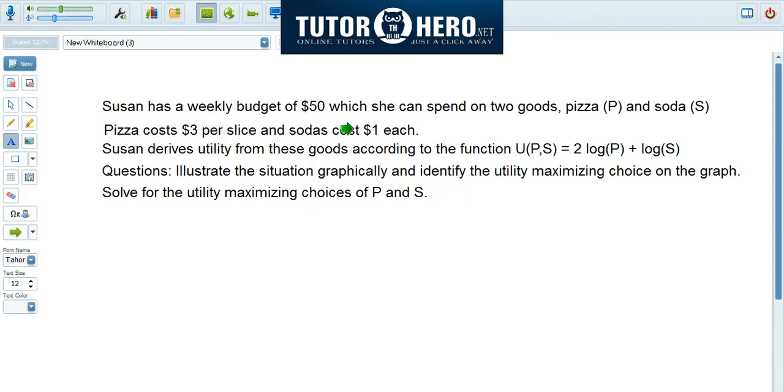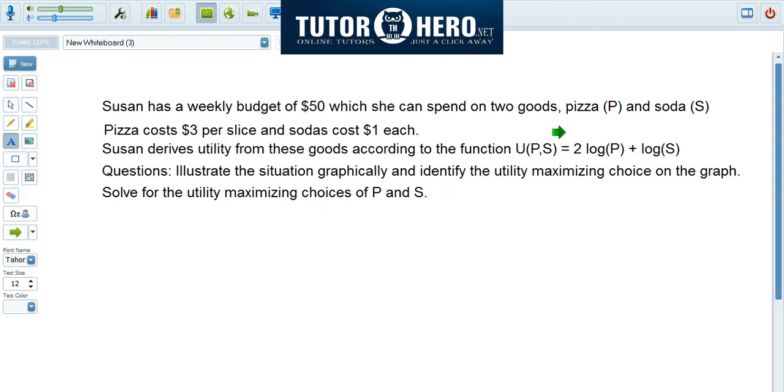And she has a utility function which explains to us how she derives utility from these two goods. We write the utility function u of p, s, which means that the things that go into her utility are the two input goods, pizza and soda. And her utility is given by 2 times the log of pizza plus the log of soda.